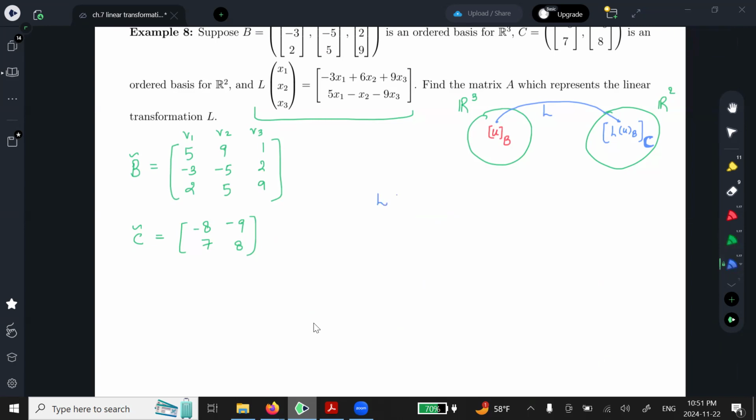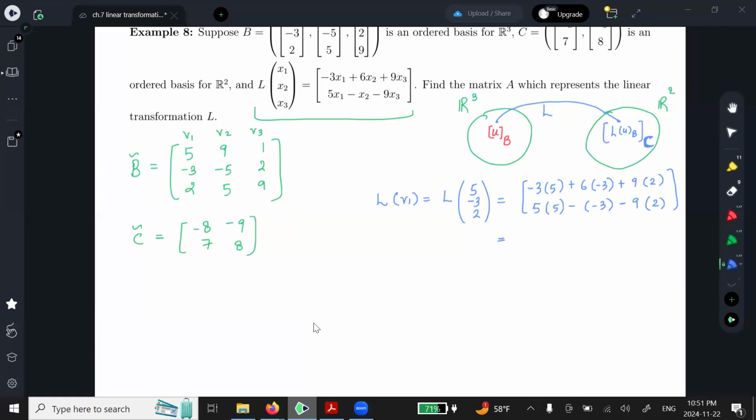So let's just quickly simplify that. I want to find the image of each vector, and I've got the first vector is 5, -3, 2. I plug it in the formula. I've got -3 times 5 plus 6 times -3. I'm only going to expand the first calculation, and the rest follows similarly. So I've got 5 times x1 negative x2 -9 times x3.